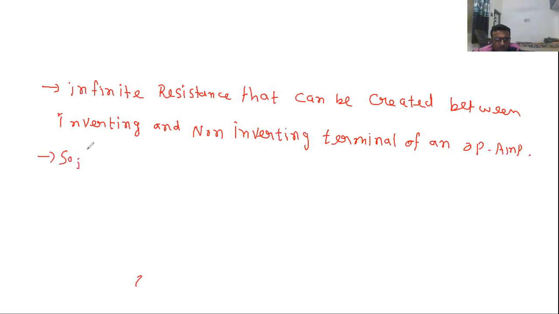So there is no voltage drop present at this terminal.